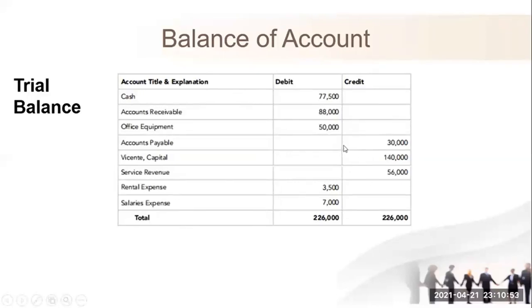Yung mga T-accounts natin, ilalagay lang natin siya sa unadjusted trial balance. I-consolidate lang natin siya lahat. Pero dapat maganda, sunod na siya from asset to liability and equity. Para pag gumawa tayo ng financial position, check na lang natin. Wala na tayong makakalimutan, okay?